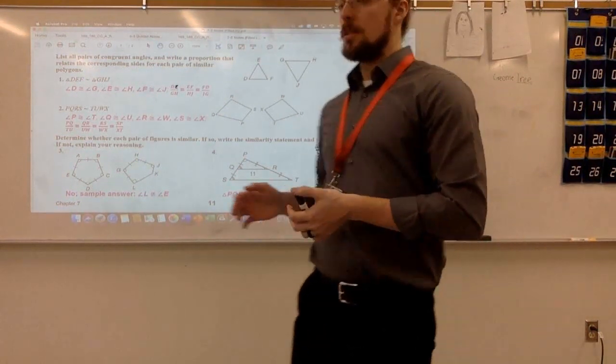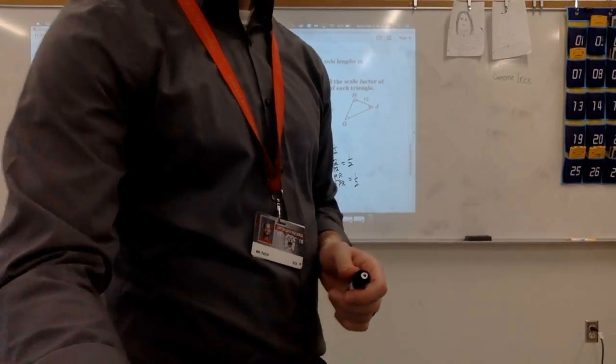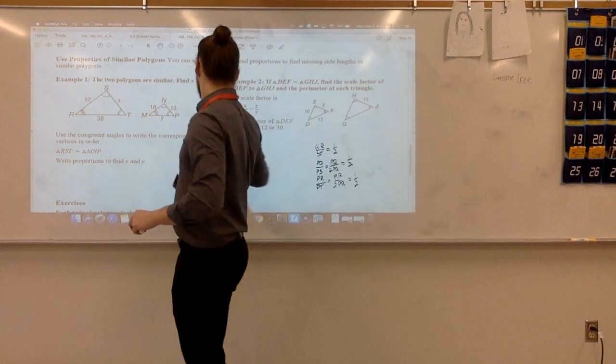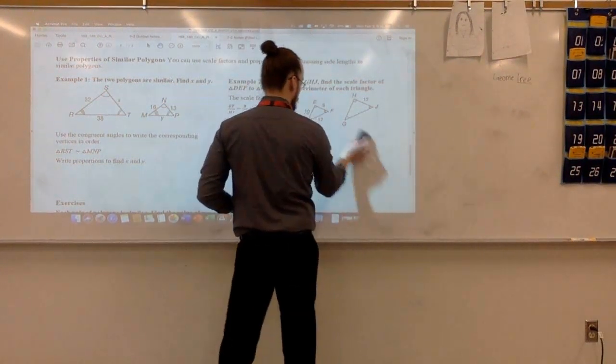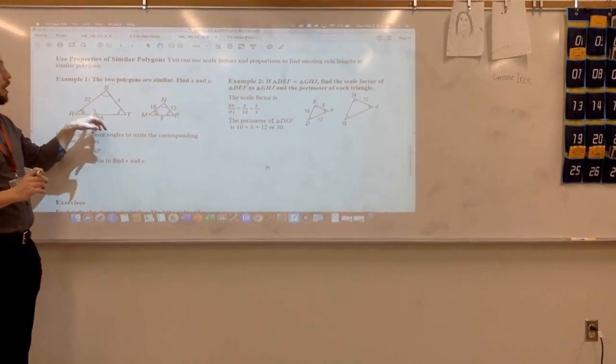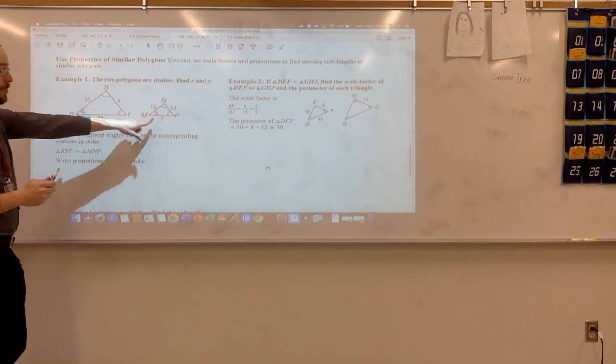Alright. Let's flip over to the back. So, on the back here, we are going to set up and solve some equations to find missing side lengths. Okay? So, in this first example, I'm told that these two triangles are similar. So I can set up proportions to find my missing pieces.